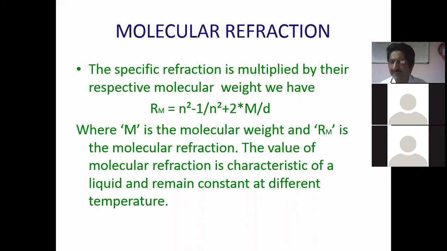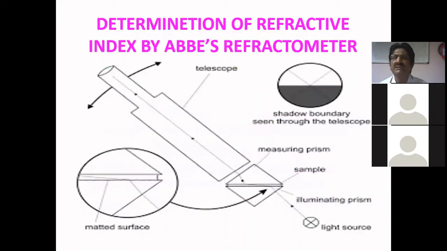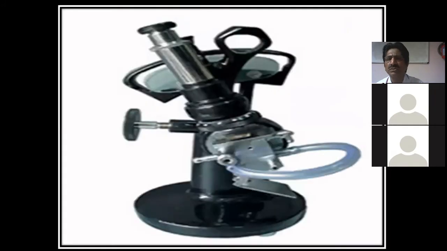Then we'll go to the next part, the determination of the refractive index by Abbe's refractometer. How does the Abbe refractometer look? This is the Abbe refractometer, and this is the telescope.